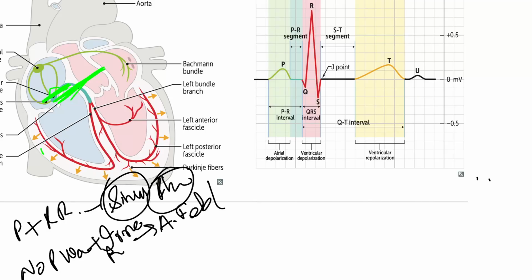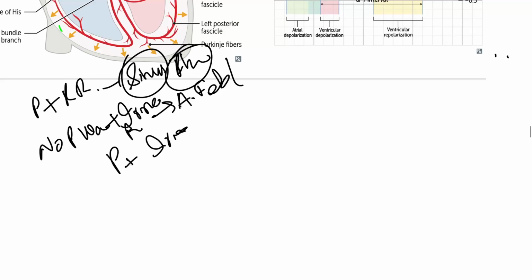Now the next thing is if you have a P wave but you have an irregular RR interval, because you have a P wave, we'll call it a sinus rhythm with multifocal atrial tachycardia.